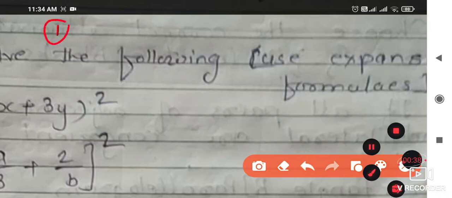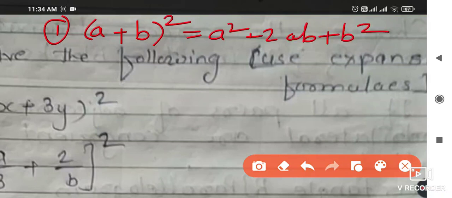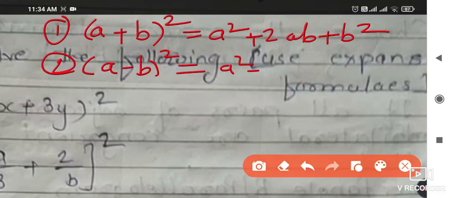The first formula is (a + b) square is equal to a square plus 2ab plus b square. Note down this one. The second formula that we have to use: (a - b) square is equal to a square minus 2ab plus b square.